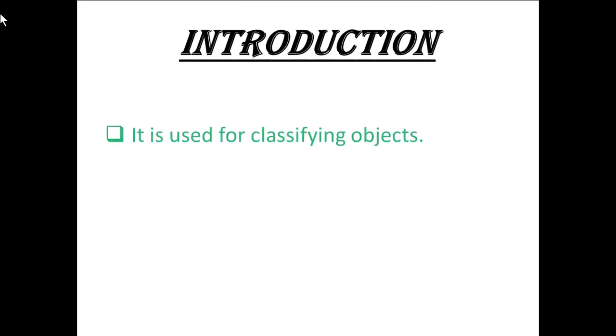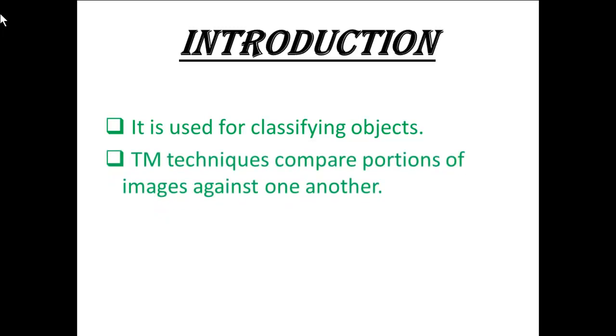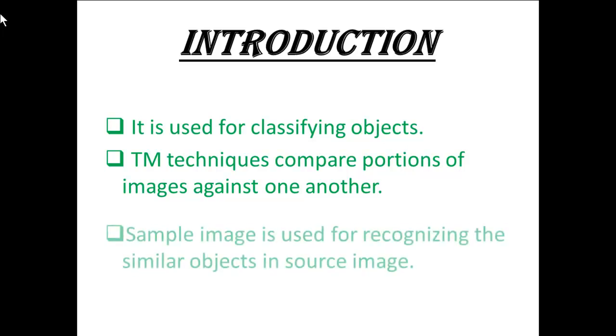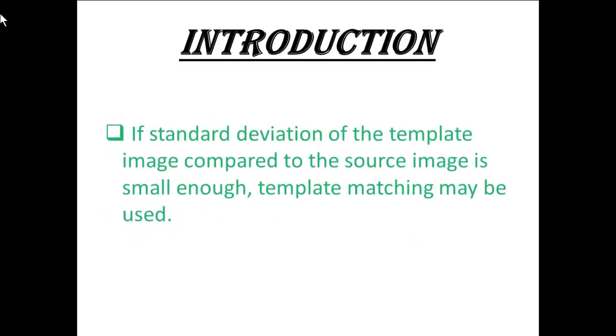Template matching. Introduction. It is used for classifying objects. Template matching techniques compare portions of images against one another. A sample image is used for recognizing similar objects in the source image.